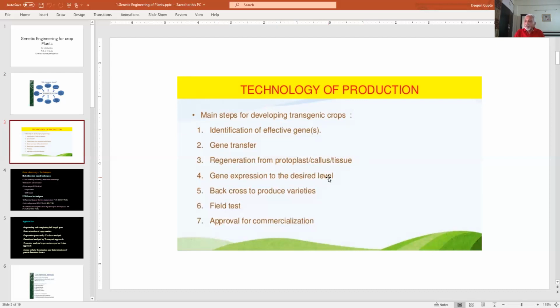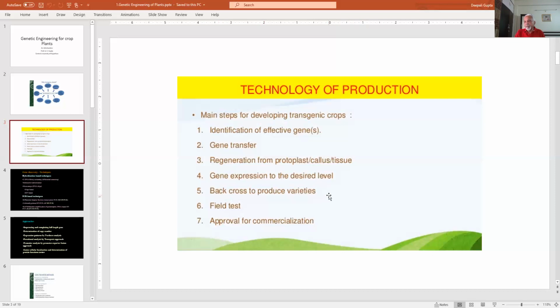So all this needs to be checked before we really confirm that a plant is transformed or undergoing genetic change.